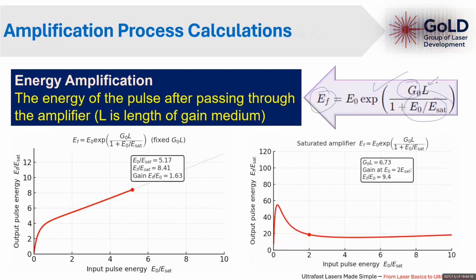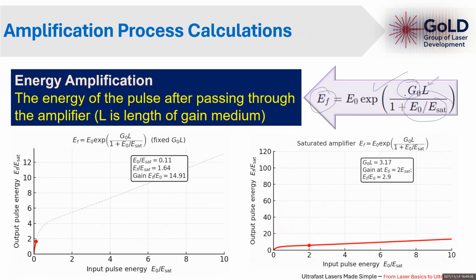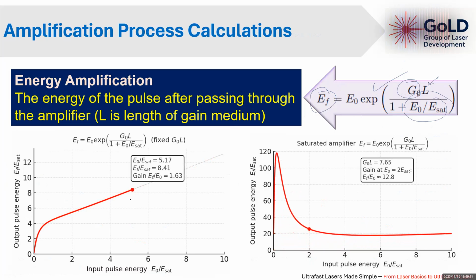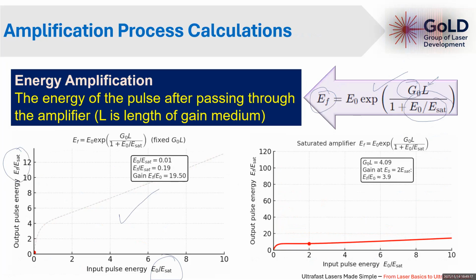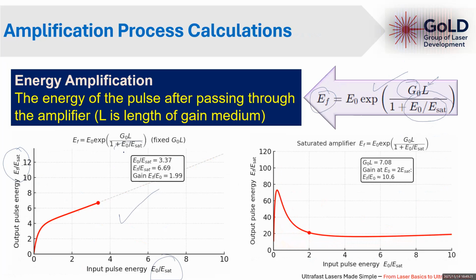This L is the length of the gain medium. So what you see here on the left side is input energy, output energy over saturation. The plot is between this one and this one.